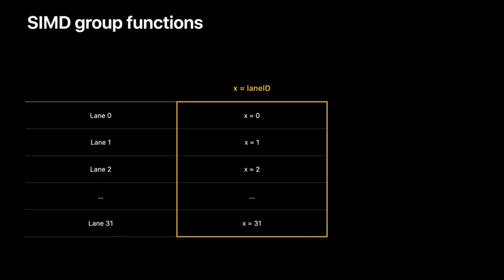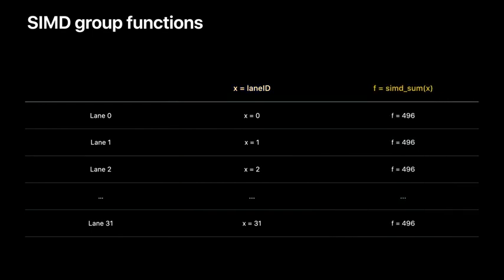SIMD group functions allow each of its threads to inspect and use variables of the other threads in the SIMD group with minimal overhead. Let's take a look at SIMD sum, one of the new instructions added in A14. SIMD sum adds up values of a variable across all active threads in the SIMD group and broadcasts the sum back to all the threads.